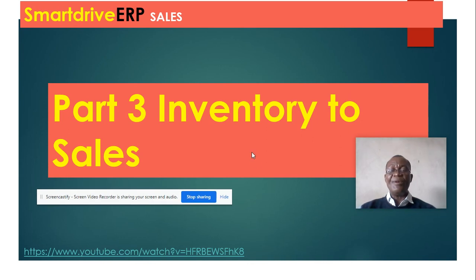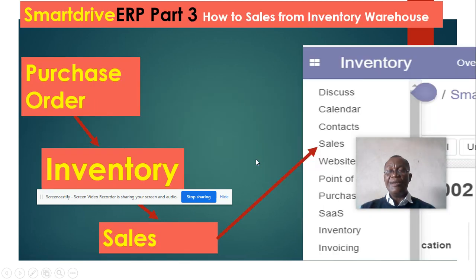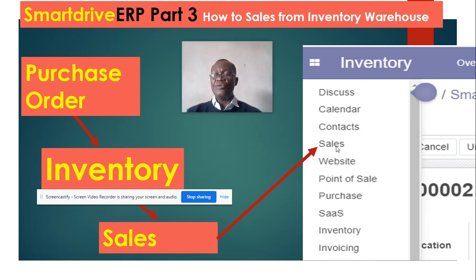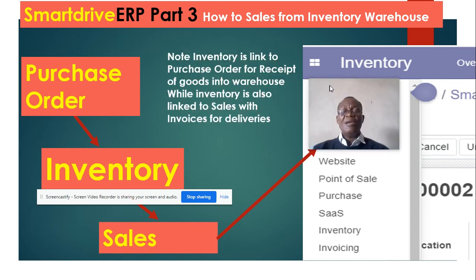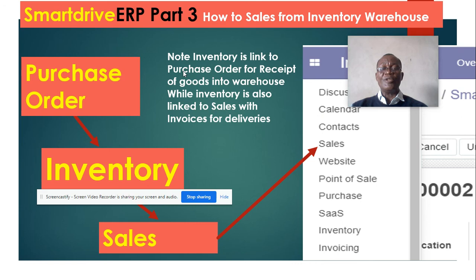Part 3 talks about how we integrate your inventory with the sales. So when you sell, you're selling from the inventory directly. If you have purchased the sales application from us, you'll be able to click here and raise sales, and sell from the inventory in the warehouse.